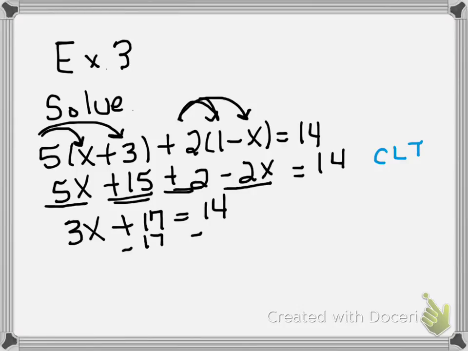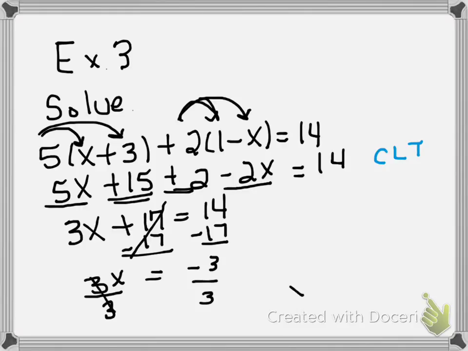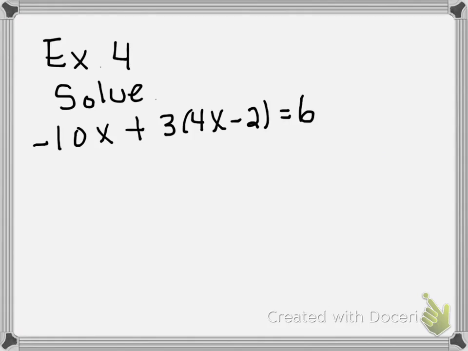I subtract 17 from both sides. 3x is equal to negative 3. I need the number in front of x to be 1, so to make that happen, I divide both sides by 3. So x is equal to negative 1.